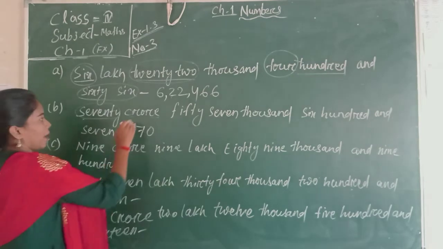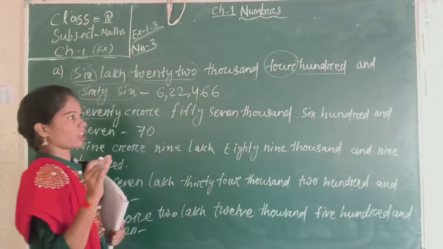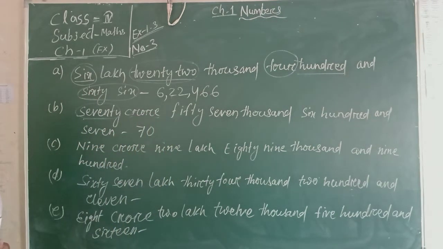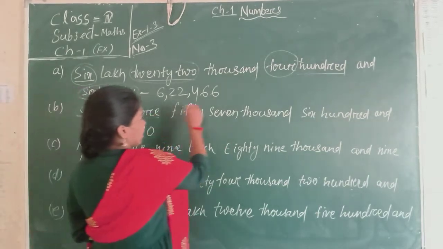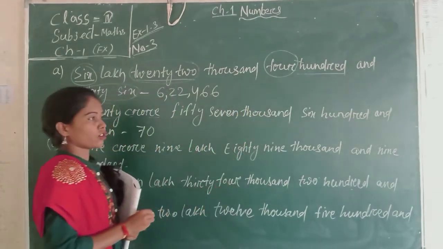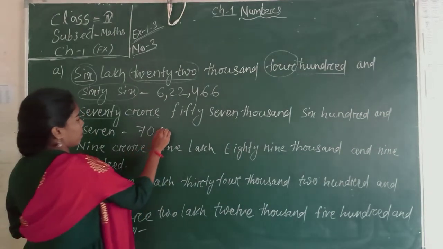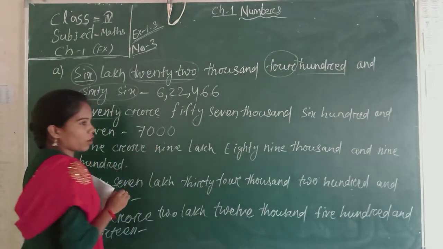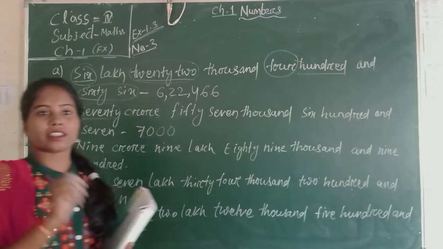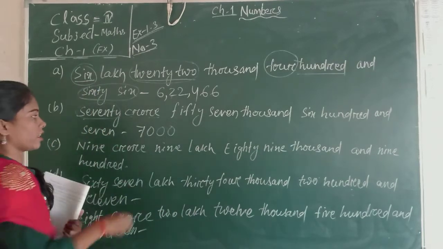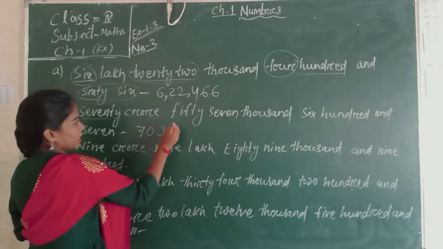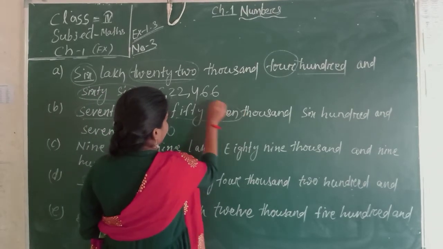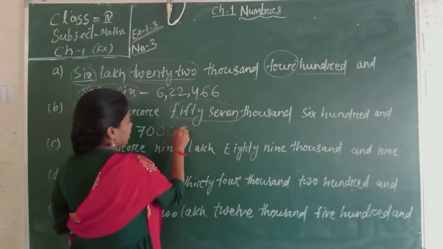Next, after crore there comes the lakhs period, but here the lakhs period is absent. After crore there is a thousand period. So for the lakh period you have to put 0 0 because in the lakh period there are 2 places, so we have to write 2 zeros. Next, lakh is complete. Next comes the thousand. In the thousand period there is 57, so write here 57.